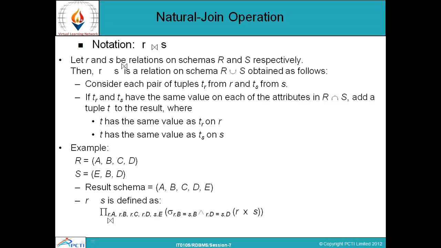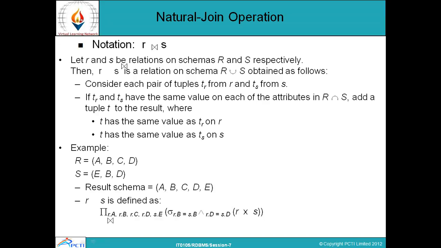R and S are again considered relations. Over these we can apply the join, where the result is a relation on the schema R union S, obtained as follows: consider each pair of tuples from R and S, and if they have the same value on each attribute in the intersection of R and S, add a tuple t to the result, where t has the same value as tR on R and the same value as tS on S.